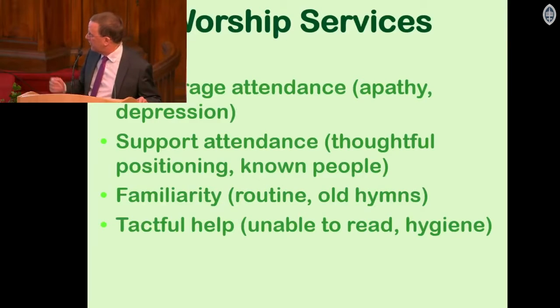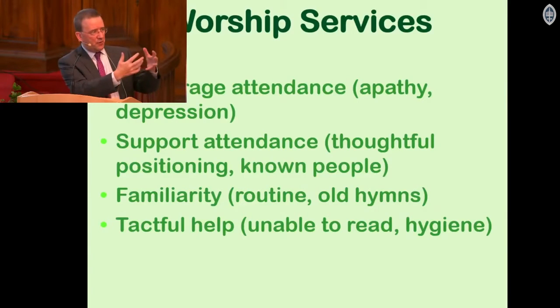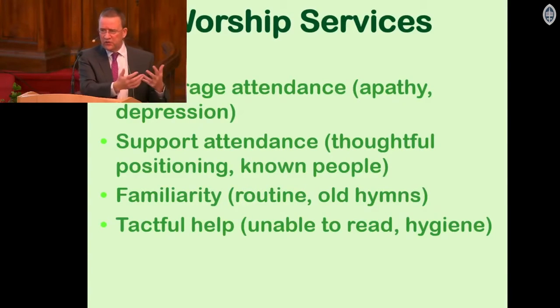So thoughtful positioning, and clearly you want people with the person with dementia whom they know. They struggle to remember who's who, but at least maximize the chance that person will be able to support them because it's somebody they recognize and know and associate with the church.